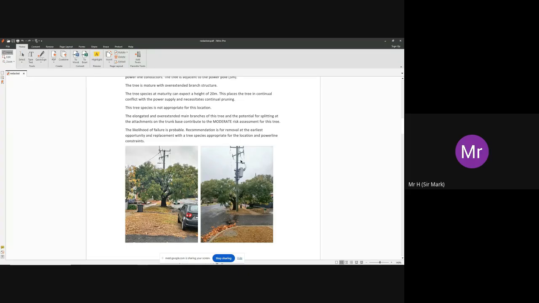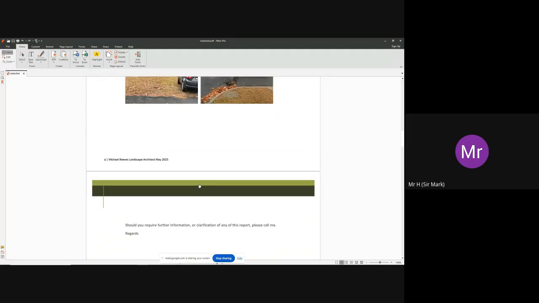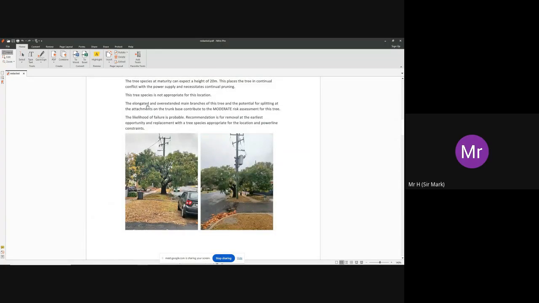So this is our tree here. There's a substation transformer. Here's our tree from the other side, and there's the transformer on the other side. Everyone can see that fairly easily. Yeah, good. So here comes our risk assessment. First of all, he's done below. He says the elongated nodes and branches of this tree, and the potential for splitting at the attachments on the trunk base.